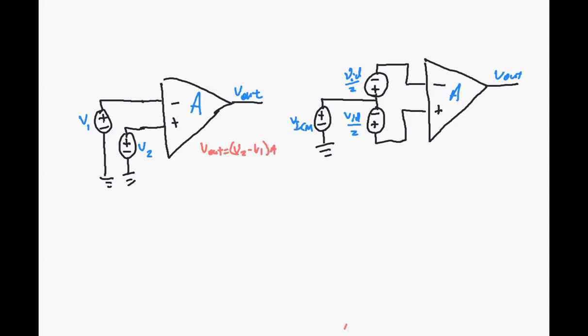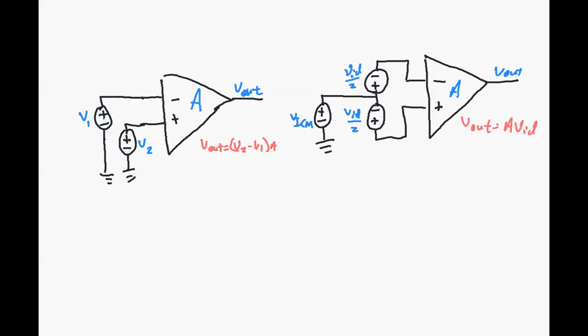If we think about that, where we have VICM, the input common mode voltage, and a differential voltage VID, then the output is VID times A. These are totally, absolutely identical ways of thinking about how we would arrange the input signal sources.